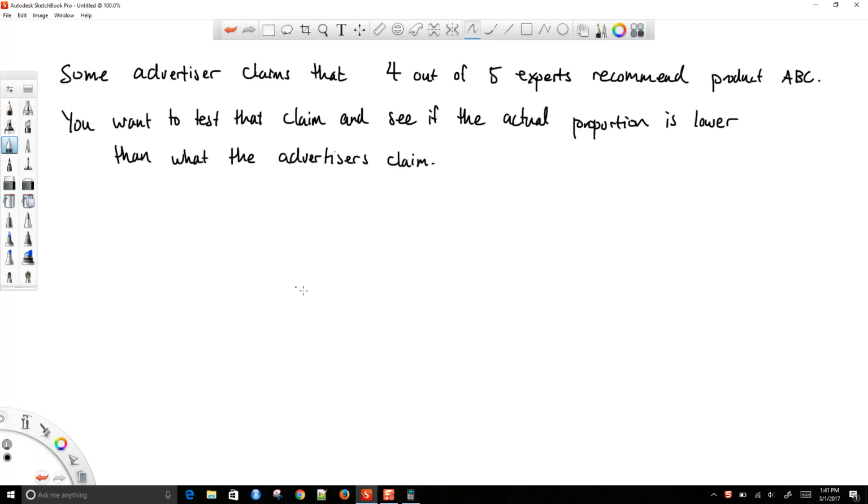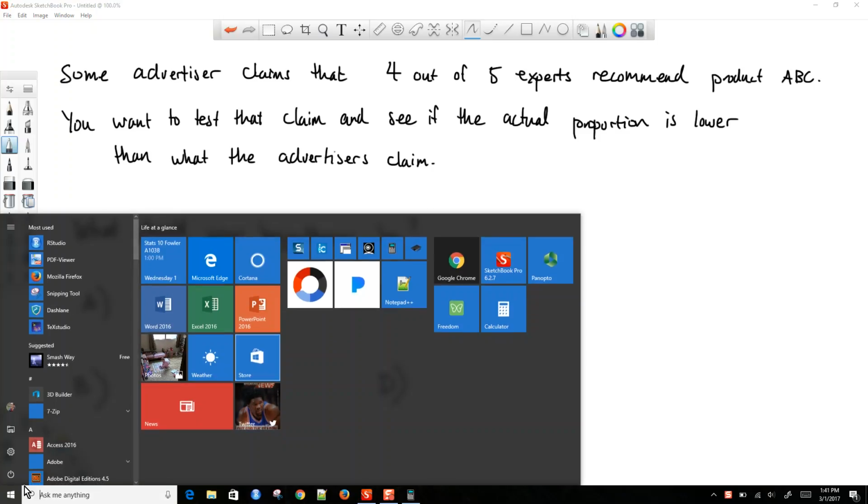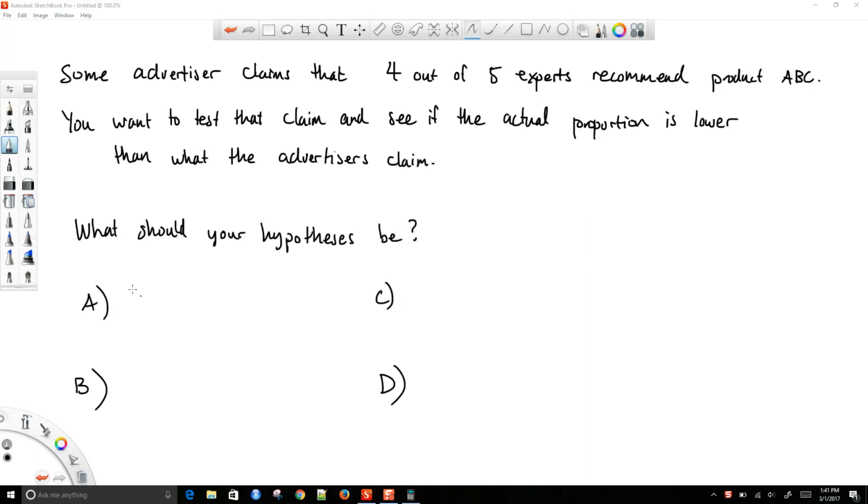Okay, so what should your hypotheses be? Okay, so we'll have A, B, C, and D. Let me start up the clicker software. So we'll have a null and an alternative, and I've got to just make up some choices here.